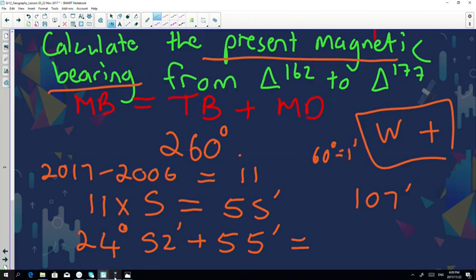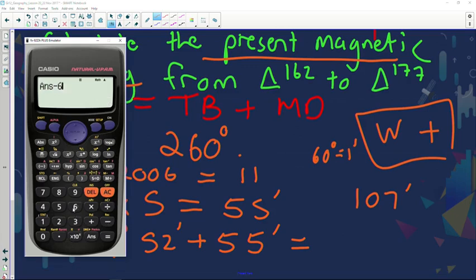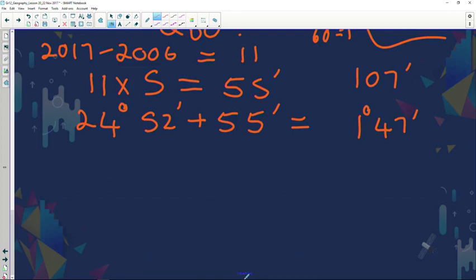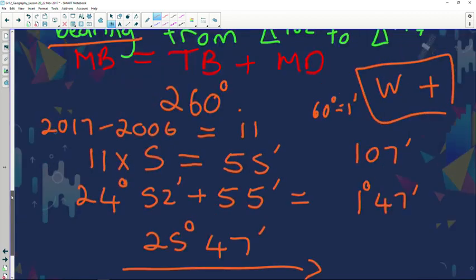So if we subtract 60, we are left with 47 minutes. So 107 minutes equals 1 degree and 47 minutes. So the correct answer is going to be 25 degrees and 47 minutes. That's the magnetic declination.